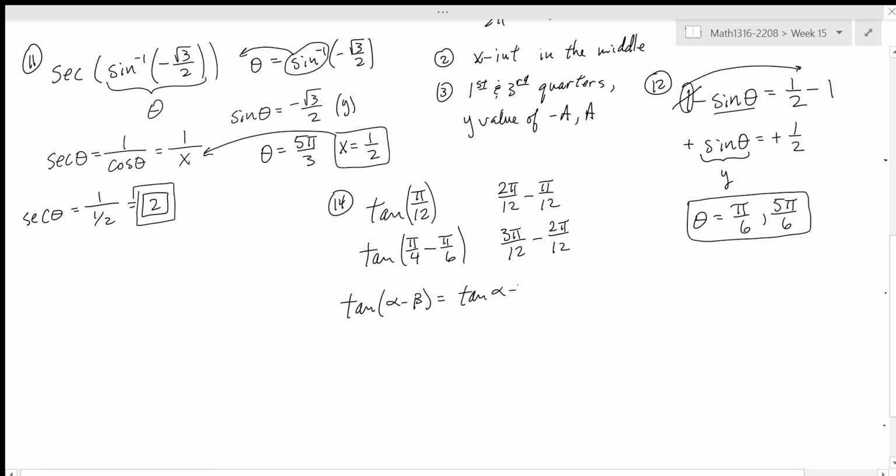Tangent alpha minus tangent beta. And that's just something you're going to have to memorize, right?